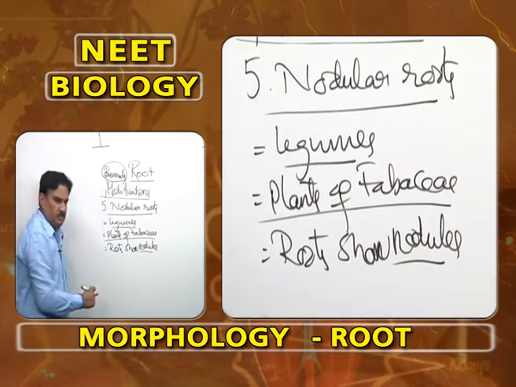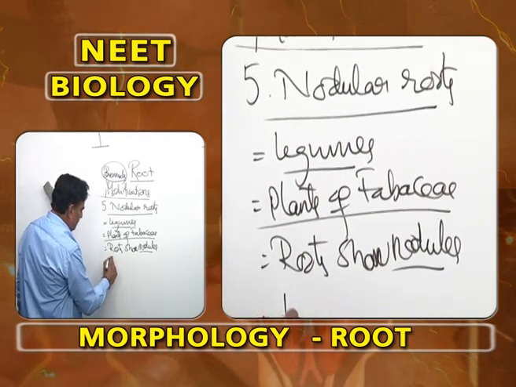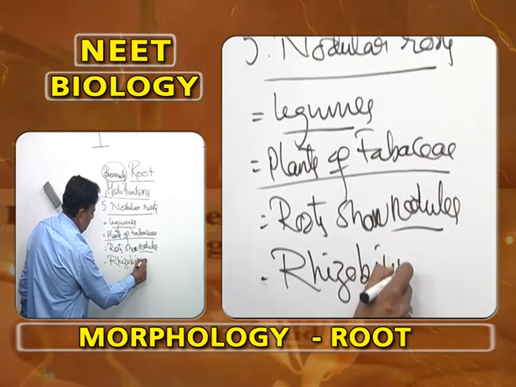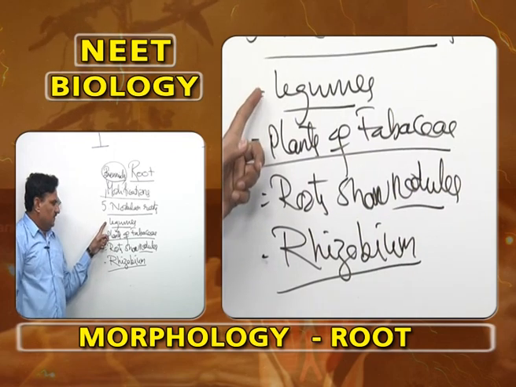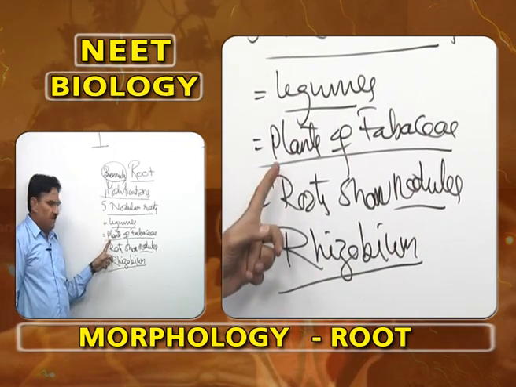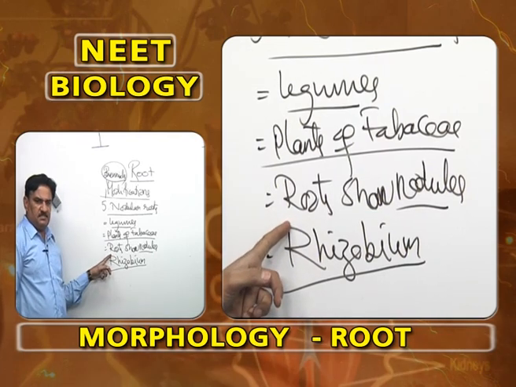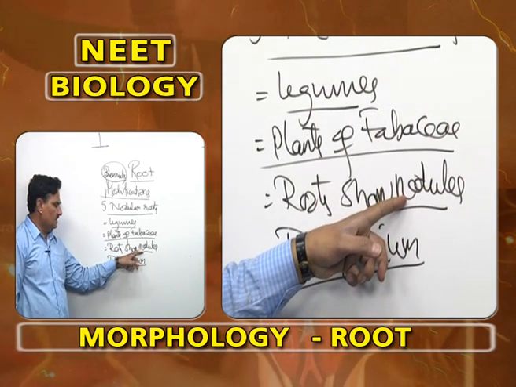Roots show nodules means special bulged structures called nodules. Nodules show a symbiotic association with a special bacterium called Rhizobium. These are all found in leguminous plants, particularly plants of Fabaceae. Here in the plants of Fabaceae, the root system is a taproot system which definitely shows special bulged structures called nodules.